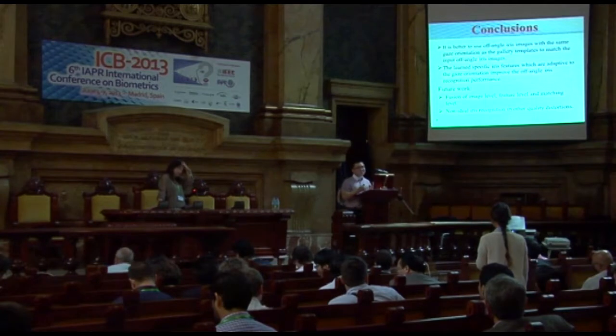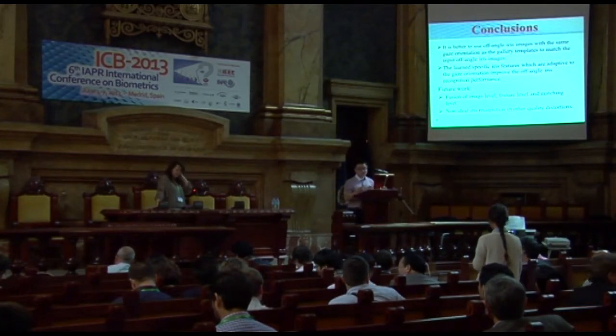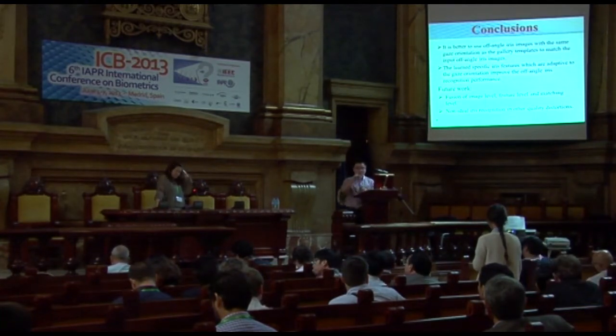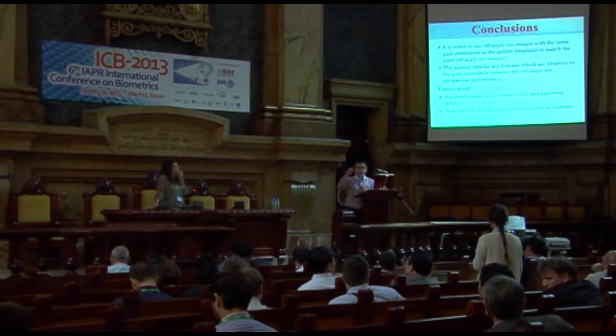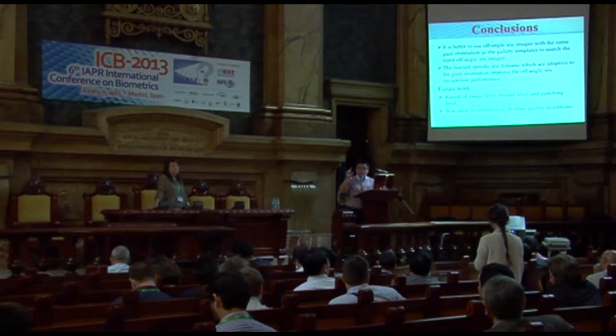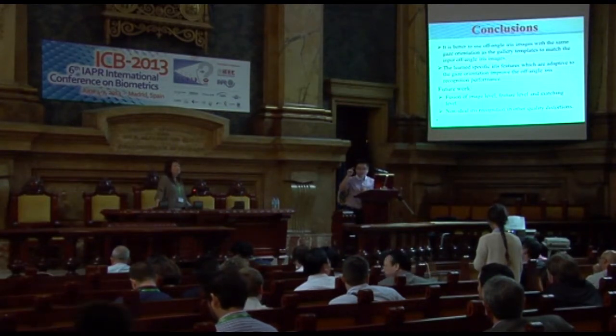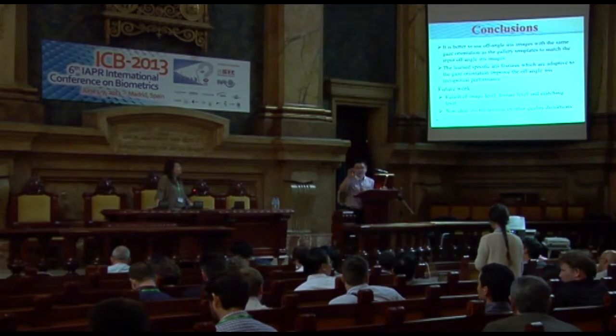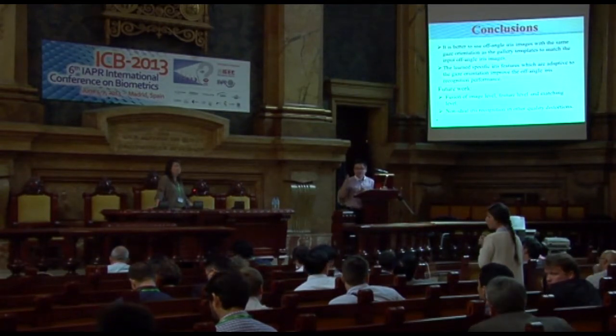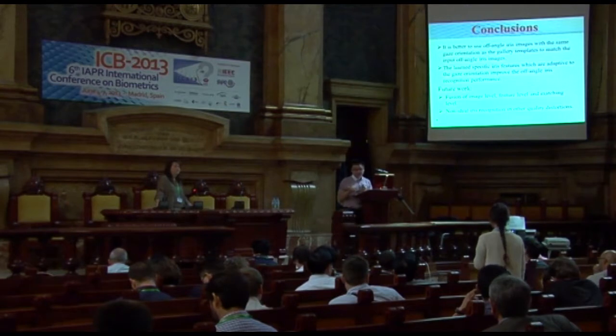With the off-angle determination stage, we classify the iris image into 5 categories, and then for each off-angle category, we extract the specific features. They are different for the other 4 categories. Okay.